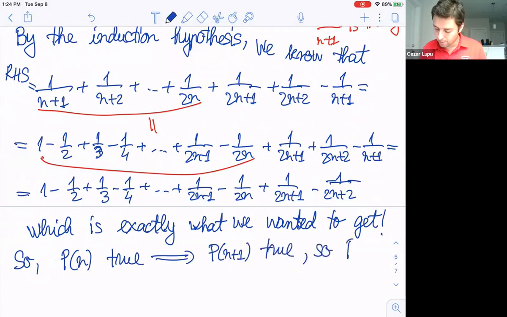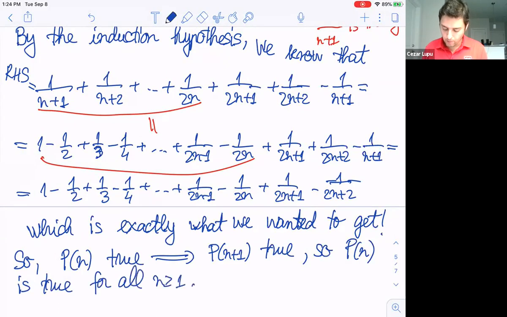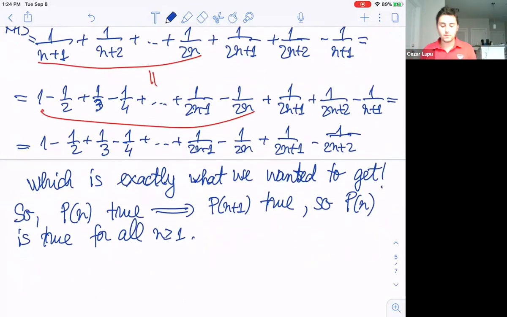So P of n is true for all n greater or equal than 1. Okay, so this was an easy application. There are plenty of other applications. You can even prove the Cauchy-Schwarz inequality, you can prove the AM-GM inequality, and so on.